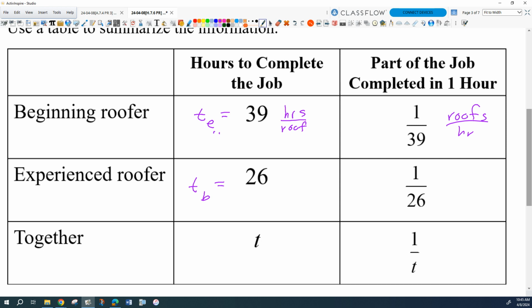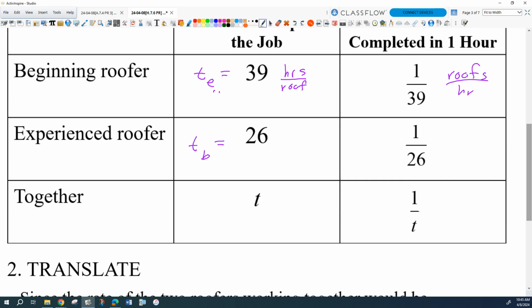We can't find that directly, but what do you think about the rates? If a beginning roofer works at a rate of 1/39th of a roof per hour, and an experienced roofer works at a rate of 1/26th roofs per hour, what rate do you think they would work at together?